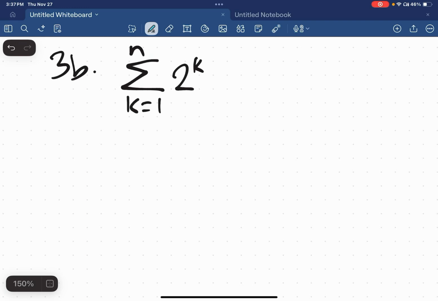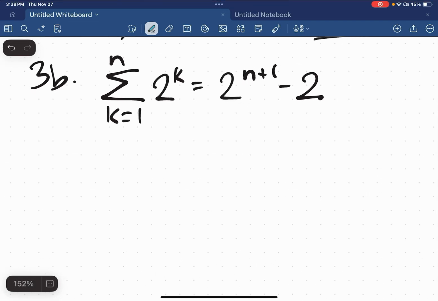Okay, easy enough. First thing we're going to do here is set this back. Let's find more than 1 million ancestors. Okay, we're going to set this equal to 2 to the n plus 1 minus 2.